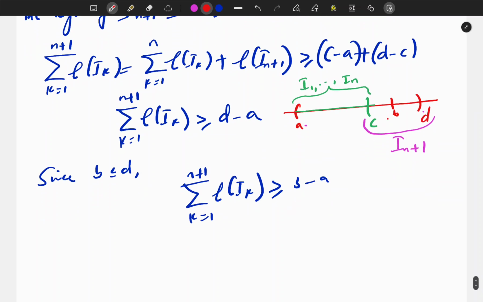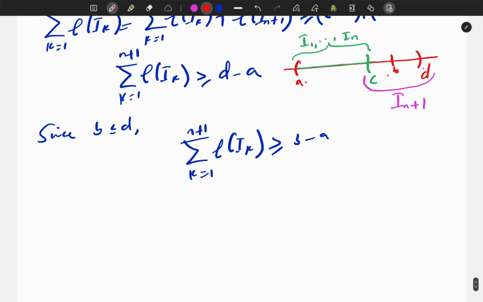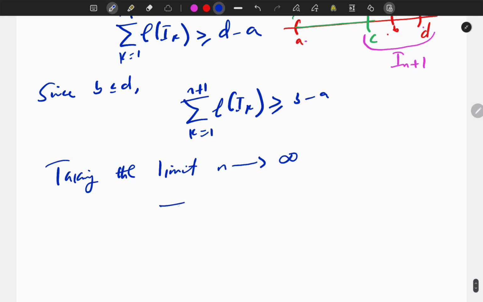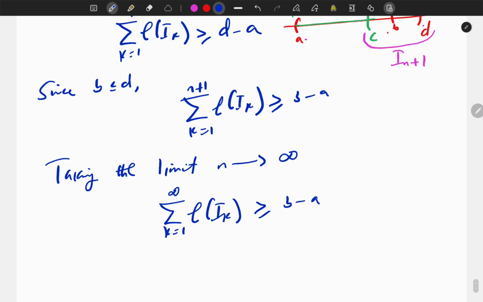Taking the limit as n tends to infinity, and taking the infimum, the summation k equals 1 to infinity will still be greater than or equal to b minus a.